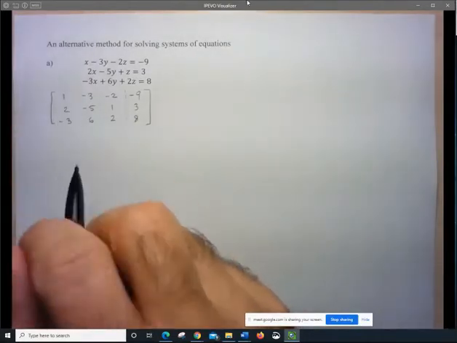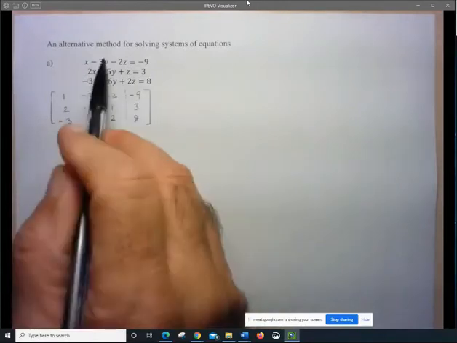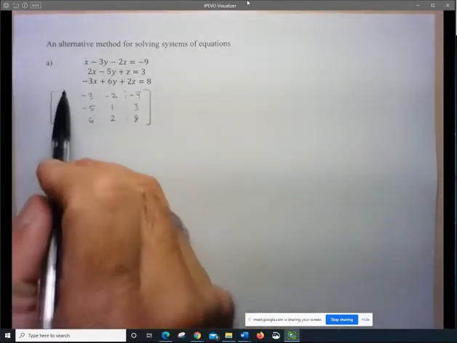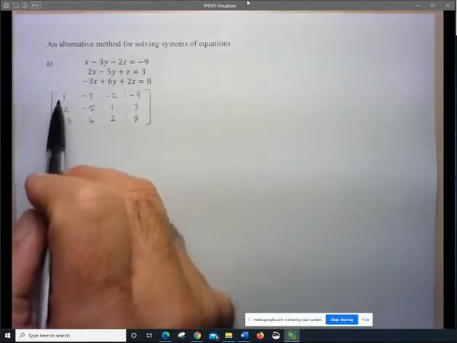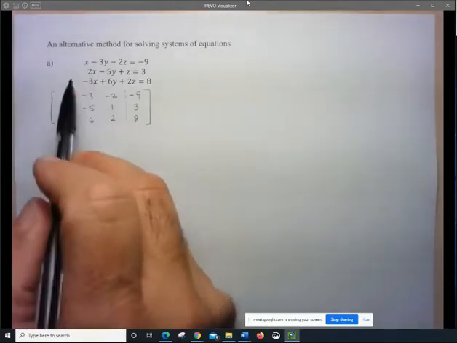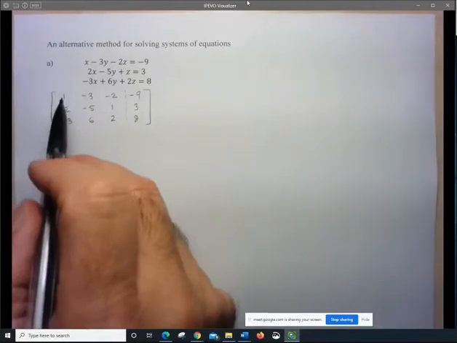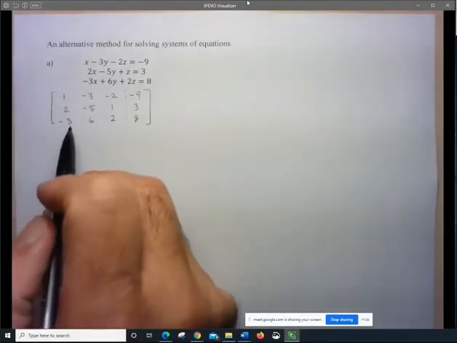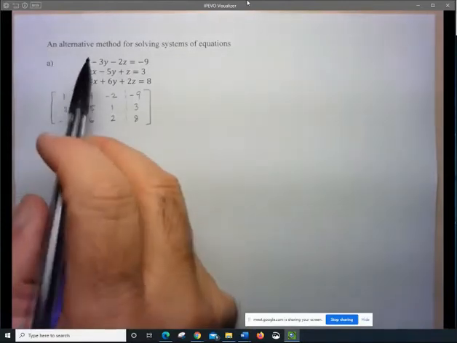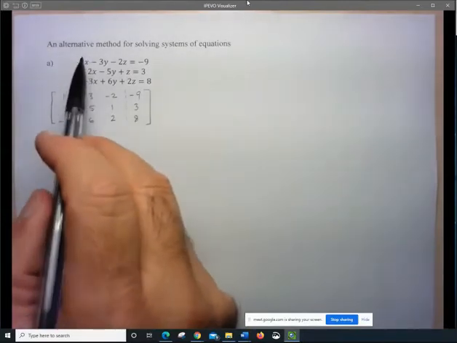This is where things are different. I'm very happy about this system of equations because I have a 1 as my first element in my matrix, which represents the coefficient of x. I'm going to use this to eliminate x from the other 2 equations. So it's like working with equations 1 and 2, and then equations 1 and 3.